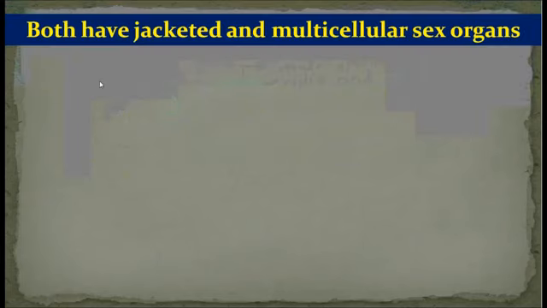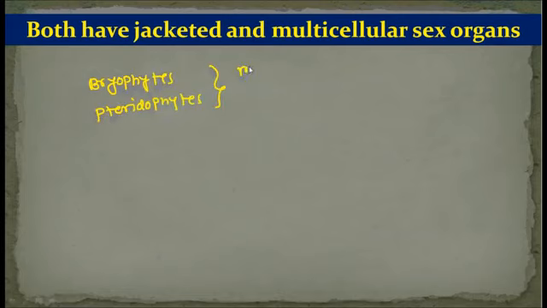Third, both have jacketed and multicellular sex organs. The sex organs in the bryophytes and in the pteridophytes are multicellular. You know the difference between unicellular and multicellular: if something is unicellular, it is made up of one cell, and if it is multicellular, it is made up of more than one cell. So in both bryophyte and pteridophyte, the sex organs are multicellular, plus they are jacketed.